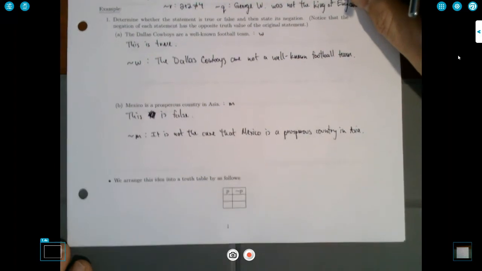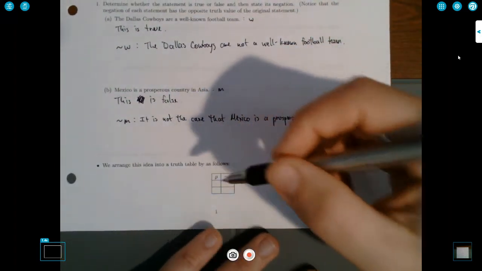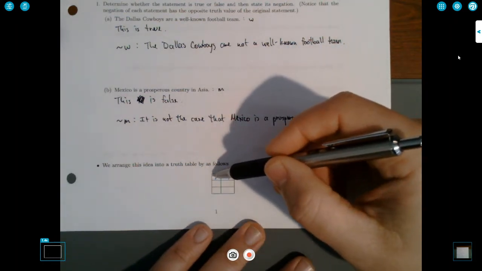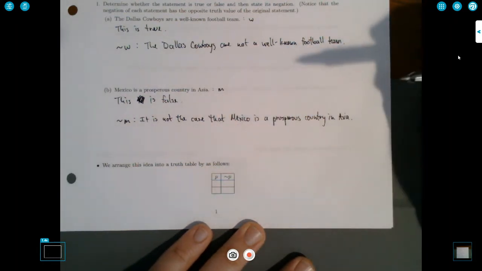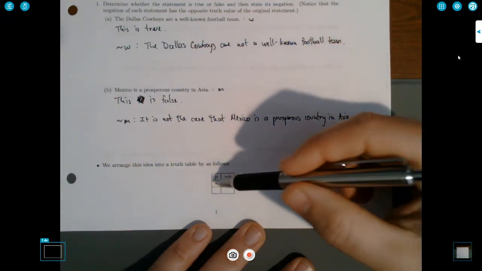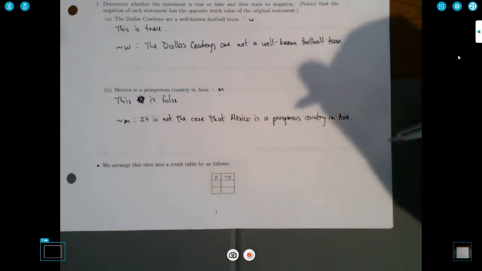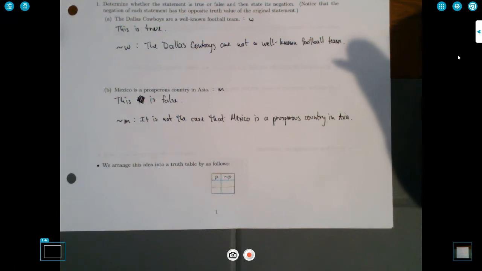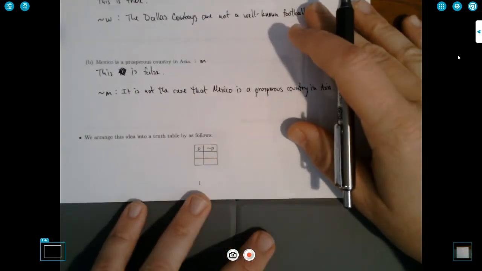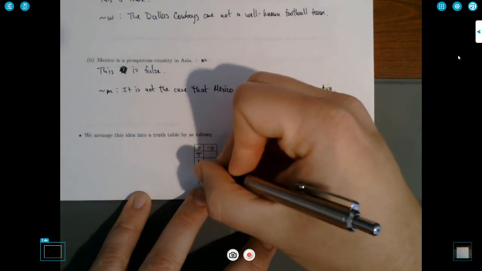Now here's how we arrange these things into a truth table. When you make a truth table, first of all, you make a column for every simple statement that's in the overall statement, and then you make another column for whatever kind of connective you're performing in order to join those simple statements. So in the case of negation, we can negate just a single statement, and that single statement might be true or it might be false.